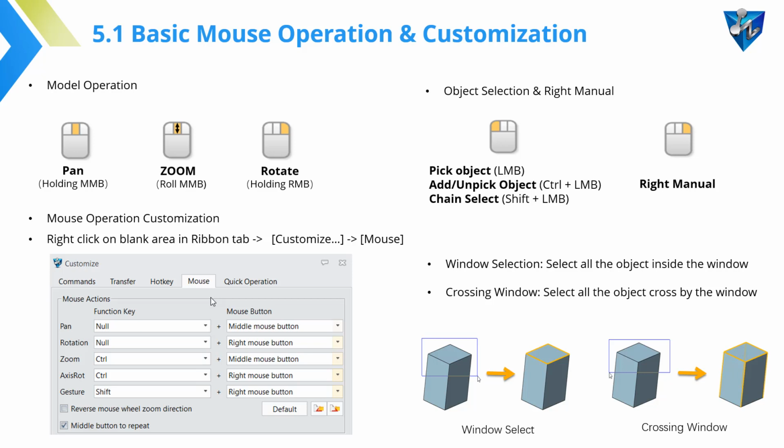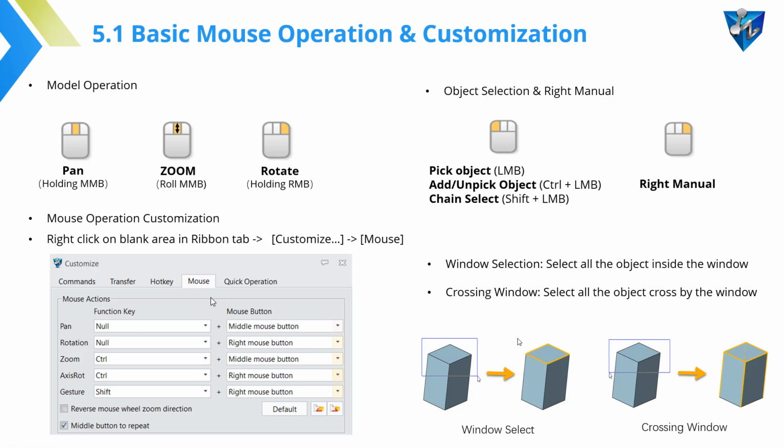If you want to add or multi-pick objects, you can press Ctrl on the keyboard and then left-click to select multiple objects. Moreover, when you want to change the selection, you can press Shift on the keyboard together with the left mouse button. And if you want to call out the right menu, just right-click the mouse.